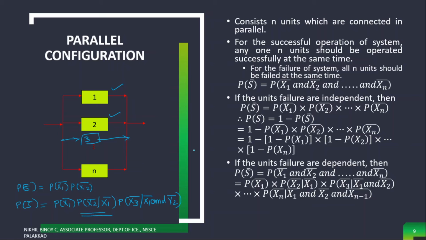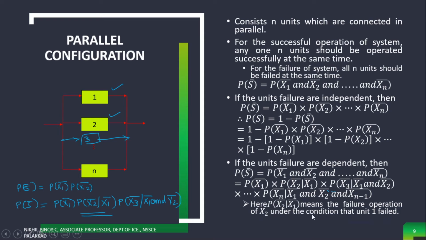If you are considering n components, then the probability of failure of the system is P of S bar equal to P of x1 bar into P of x2 bar slash x1 bar into P of x3 bar slash x1 bar and x2 bar into etc. into P of xn bar slash x1 bar and x2 bar etc. and xn minus 1 bar.